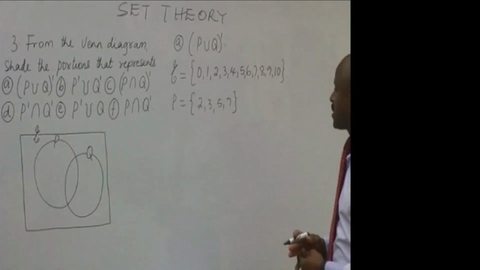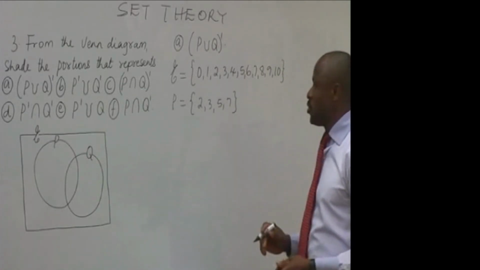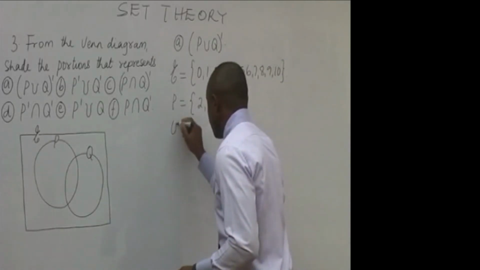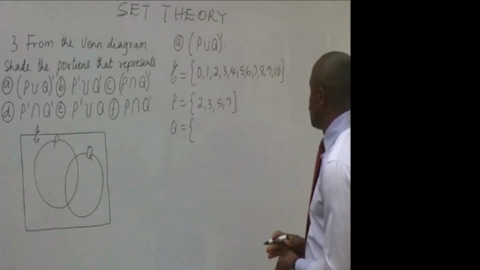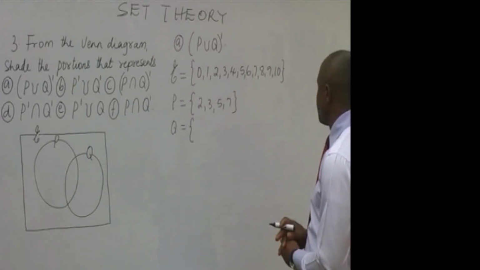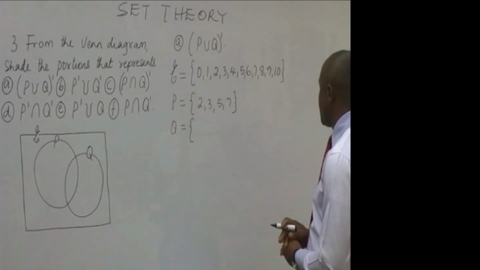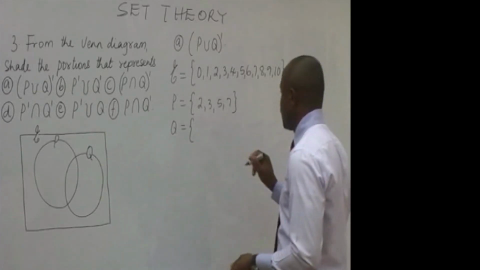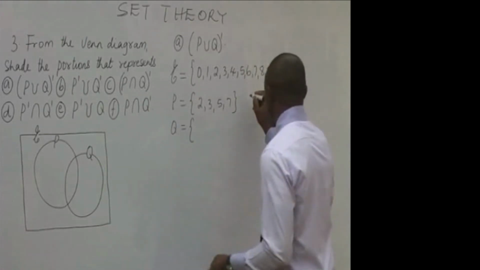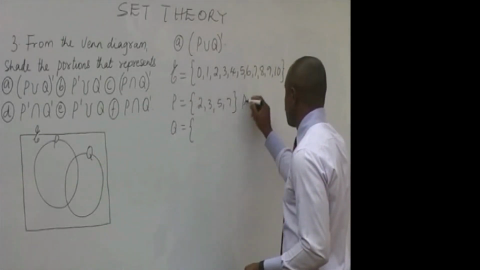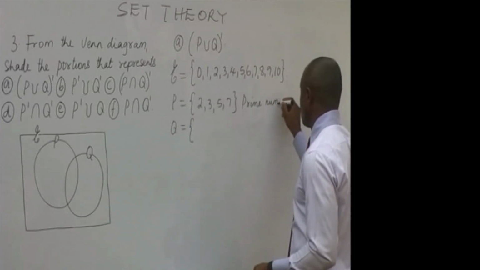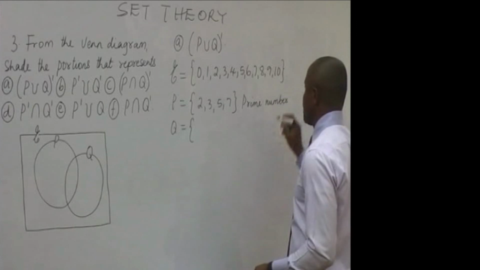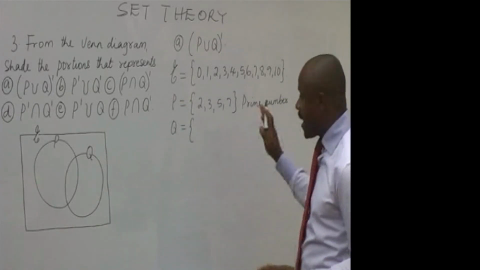These are prime numbers. Now let's choose for Q. Let's choose factors of 10. Or let's choose factors of 8. So this one is prime numbers between 0 and 10.